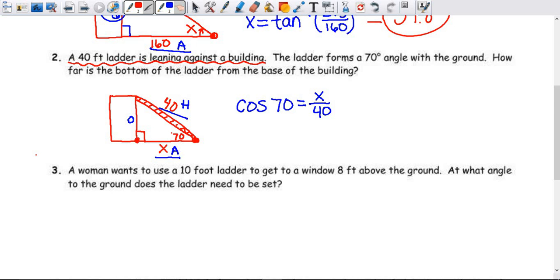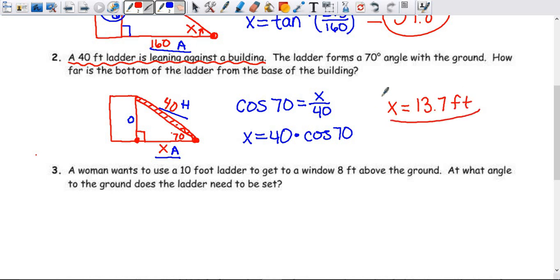And now, if you're in my class, we say the variable is on top, so we multiply. So then x is equal to 40 times the cosine of 70. So the trig is all the same. The only thing we're adding in is drawing that picture. So then our answer, x is equal to 13.7 feet.